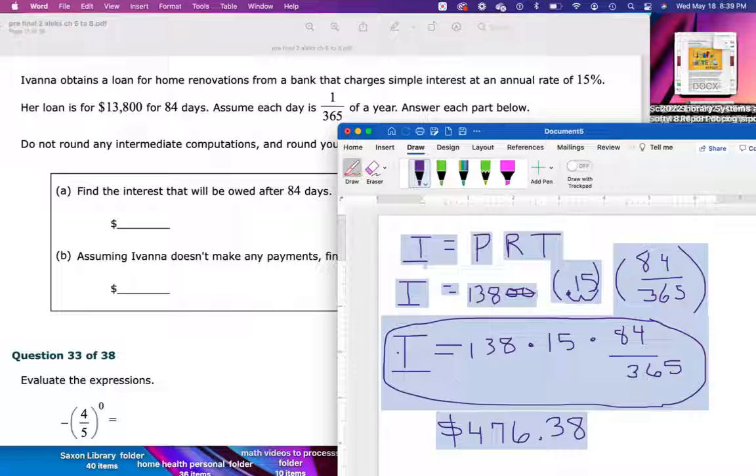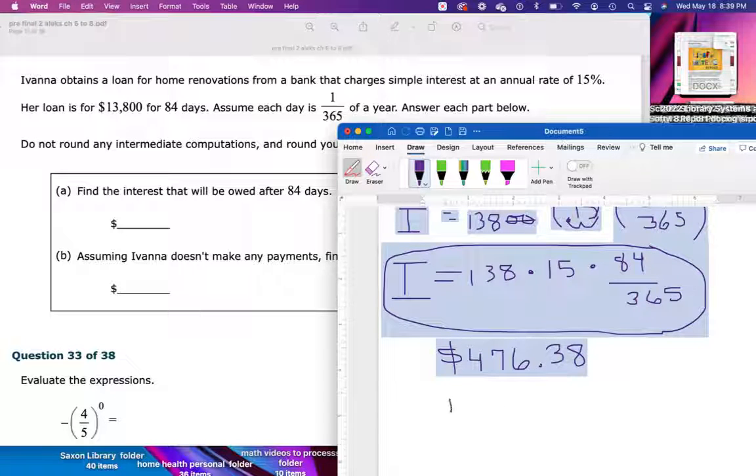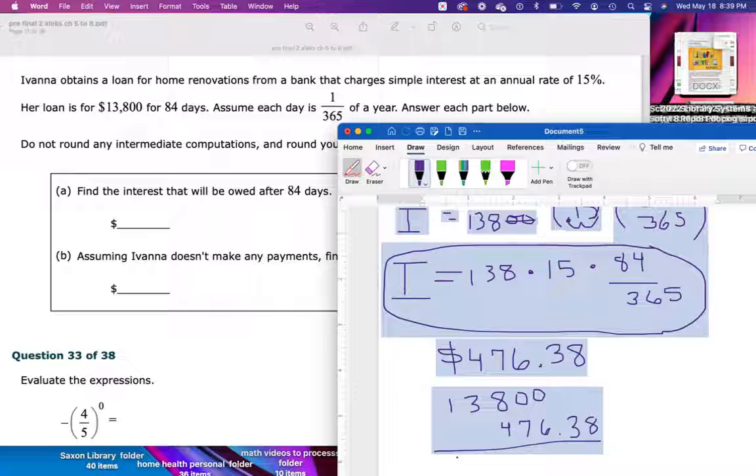So that would be 13,800 added to 476.38, which would be 14,276.38. That's a lot of money, dollars. Okay, so these should have been your answers.